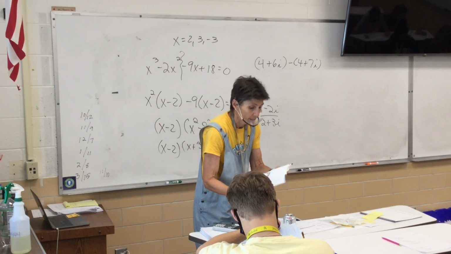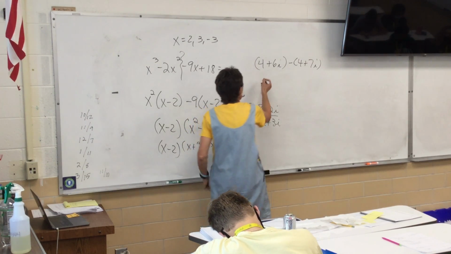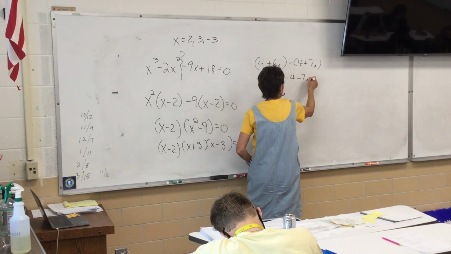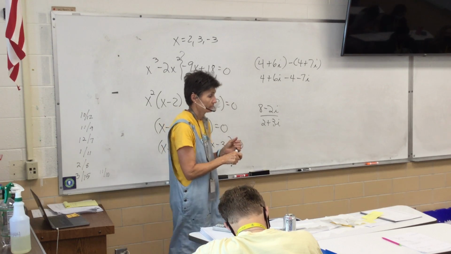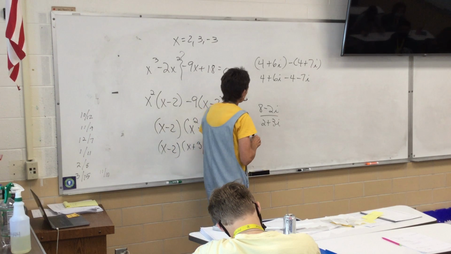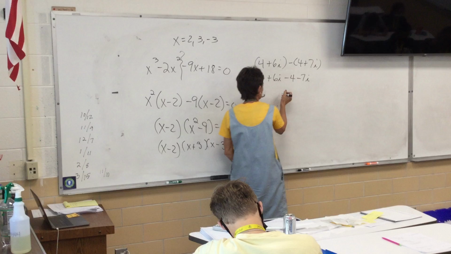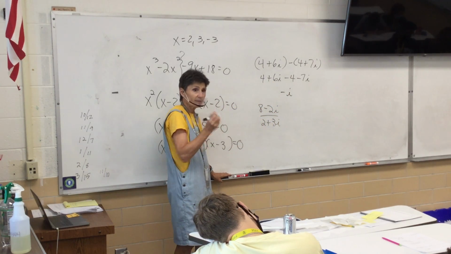First, I'm gonna have to distribute the negative. So 4 plus 6i minus 4 minus 7i. Oh wait, the 4's are gone. So it looks like all I have is -1i or -i. That's fine. That's what happened.